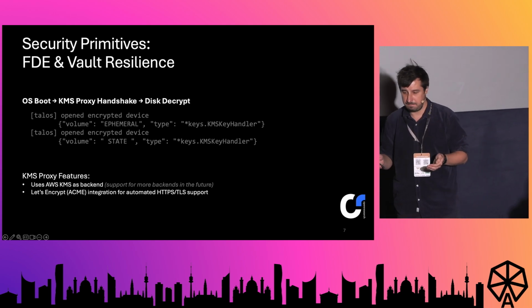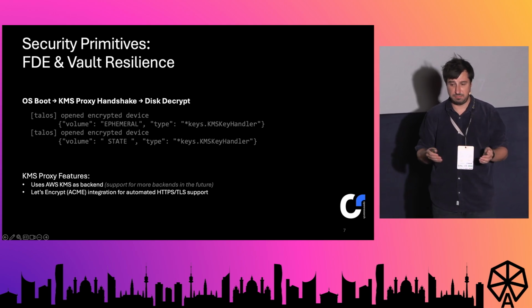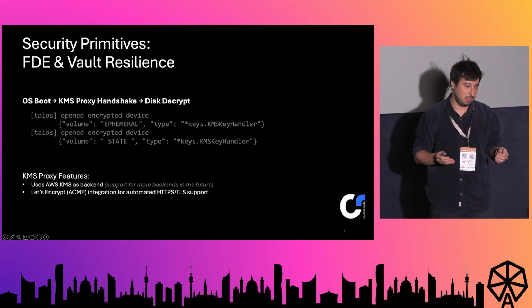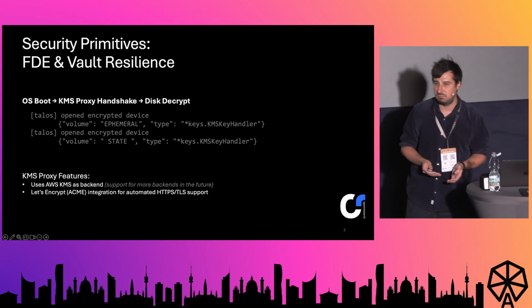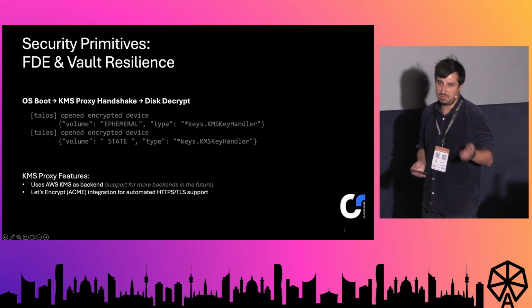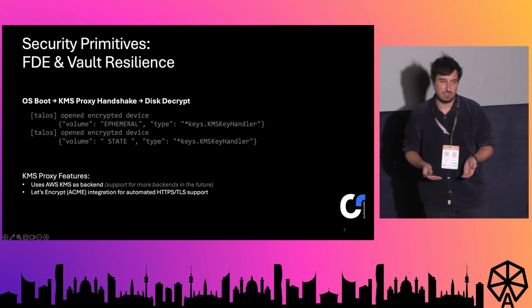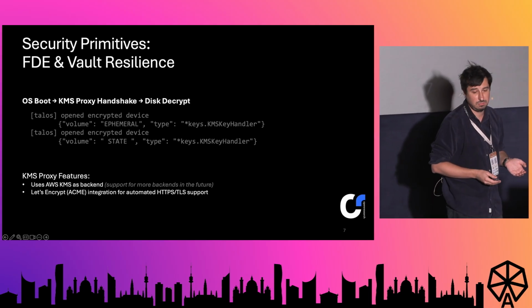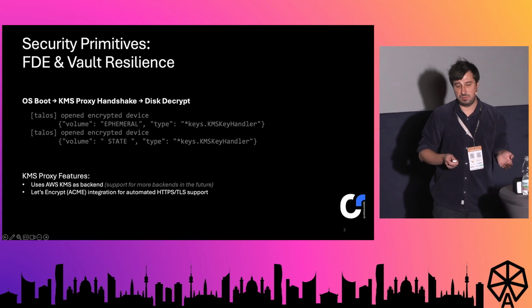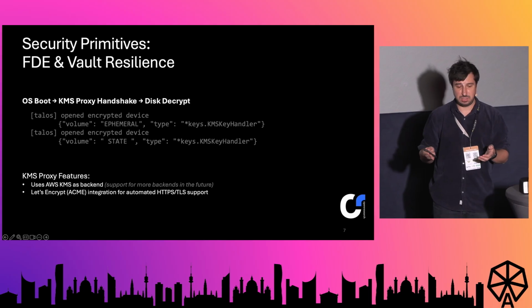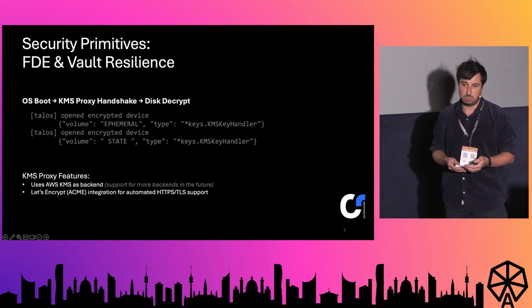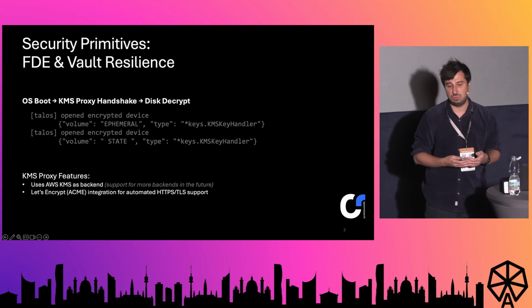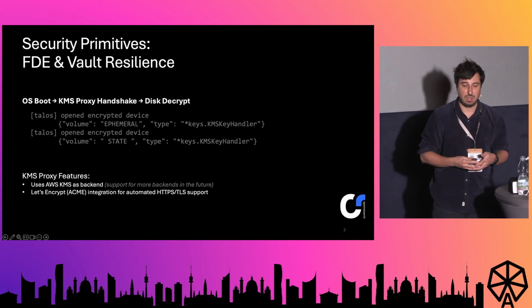To do this in a virtual machine somewhere using Linux, you can either manually type in the full disk encryption password after the system boots up, but this then makes the upgrades harder, makes everything else flaky. So we built this KMS proxy that Talos Linux can use to automate the boot process and still be able to use full disk encryption.